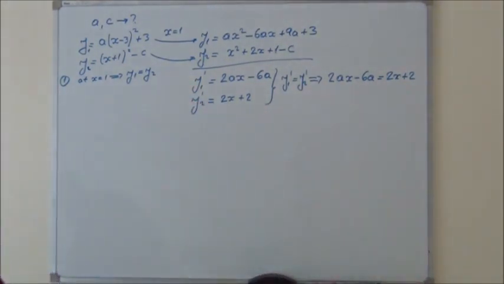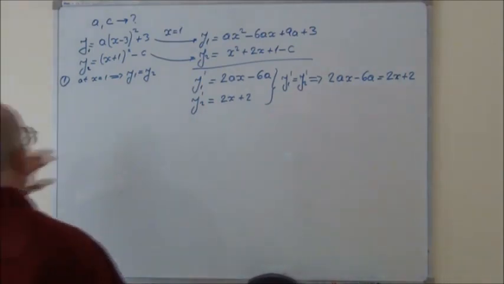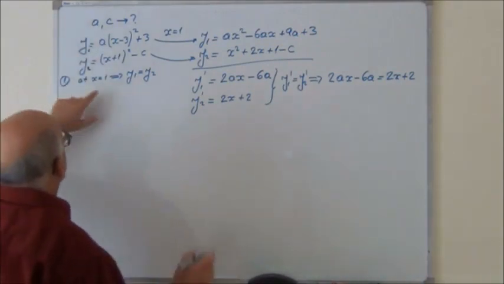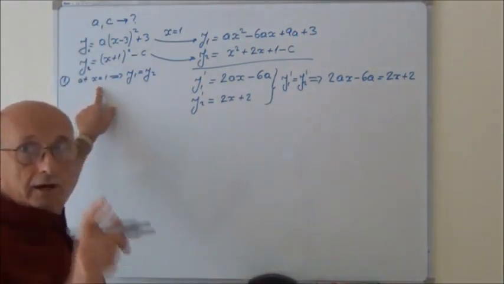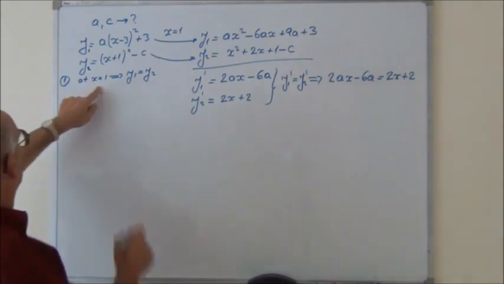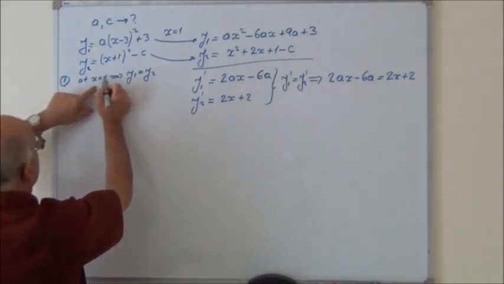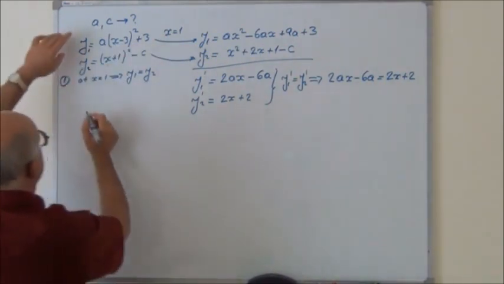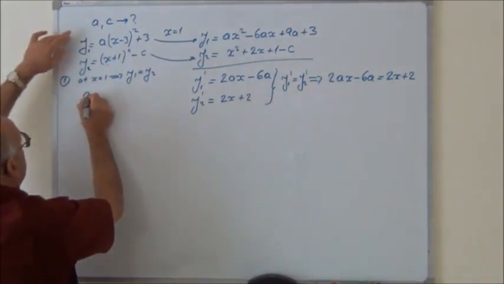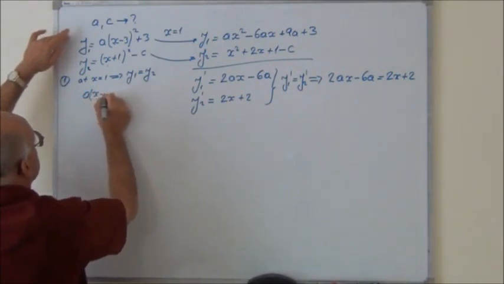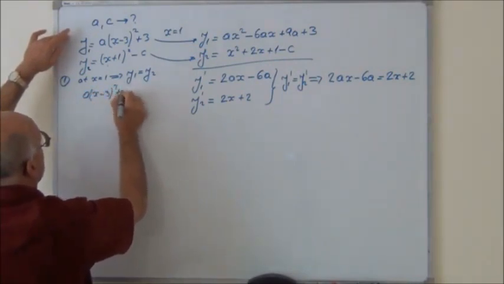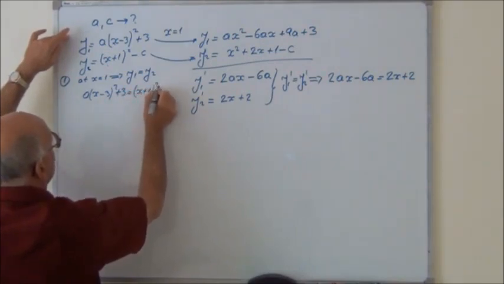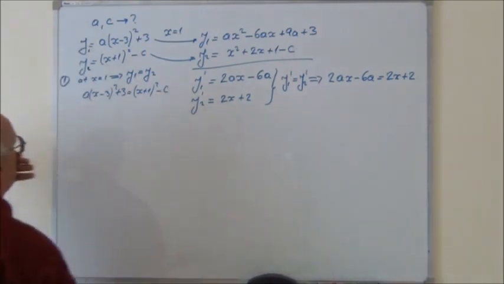First we will go for this one here, y1 equal y2, but we have to keep in mind for x equal 1. So now we are substituting 1 for x in both equations and equalizing them. Anyway, I'll write completely a(x minus 3) power 2 plus 3 equal (x plus 1) power 2 minus c.